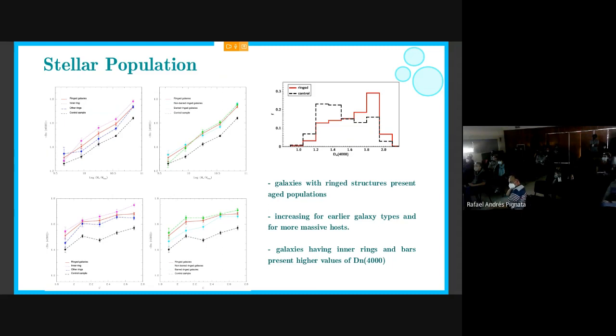Then we can observe that the aged population increases toward higher stellar masses for all the samples, and galaxies which present inner rings and galactic bars show older populations with respect to their counterparts with other types of rings or without bars. All these findings reflect the previous results on star formation activity.